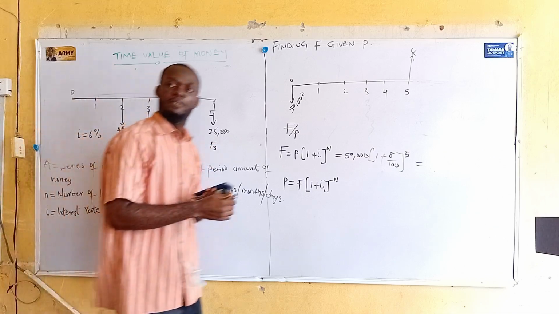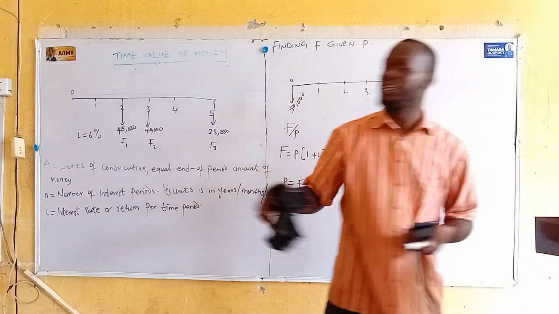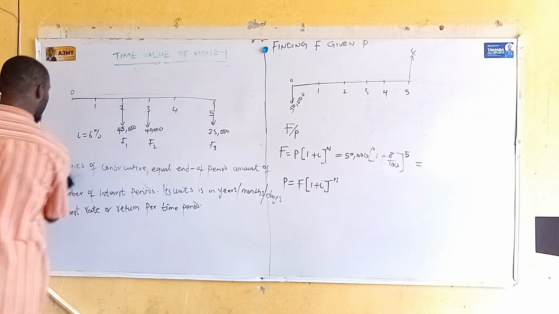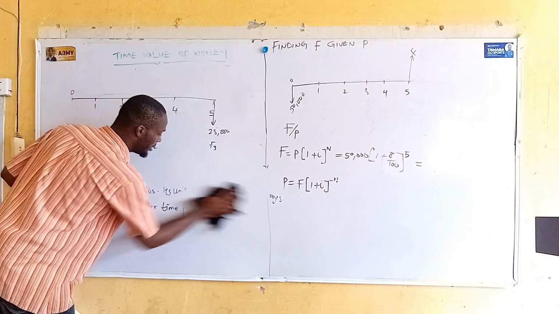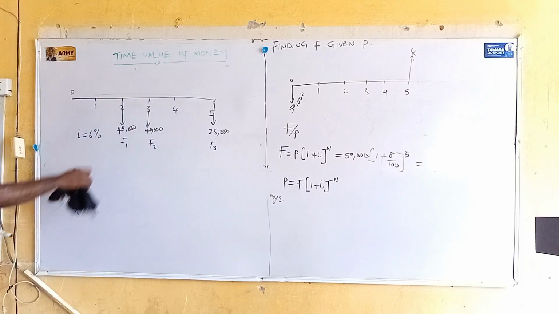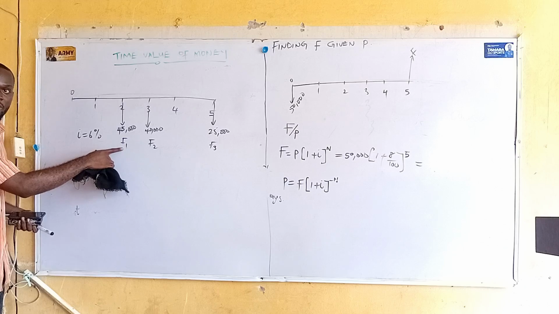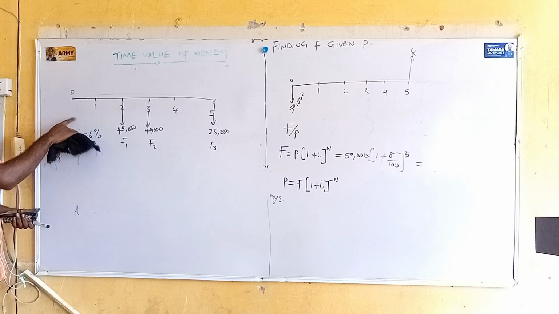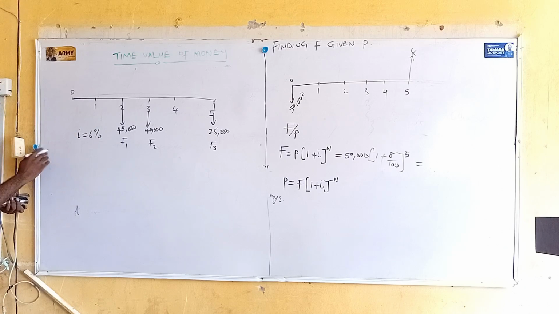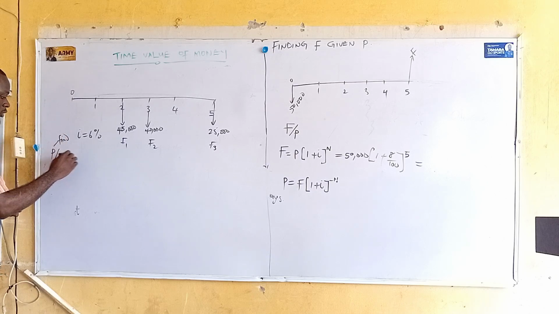We want to find the value of this money at the present time, at time zero. So this is F, we are given F to find P. So to find P giving F. Do you understand?